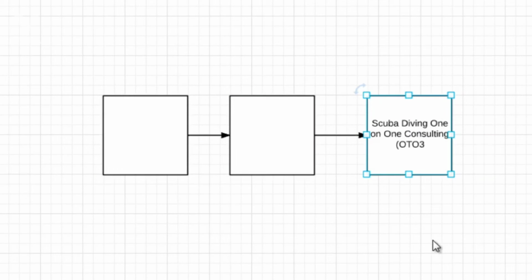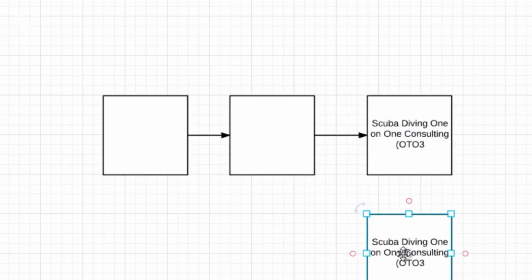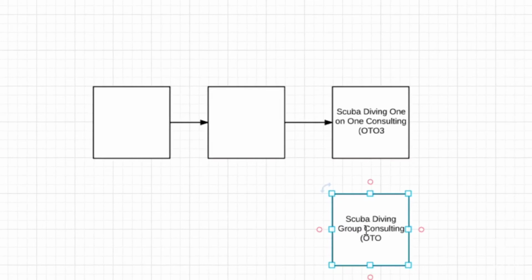And with the service-based business, you could do that, and then you could do a downsell. So somebody could not afford that. They could have something like a scuba diving group consulting, and that can be OTO3. We'll call that downsell. So a downsell is basically if somebody says no to this, they are then presented with this, right?